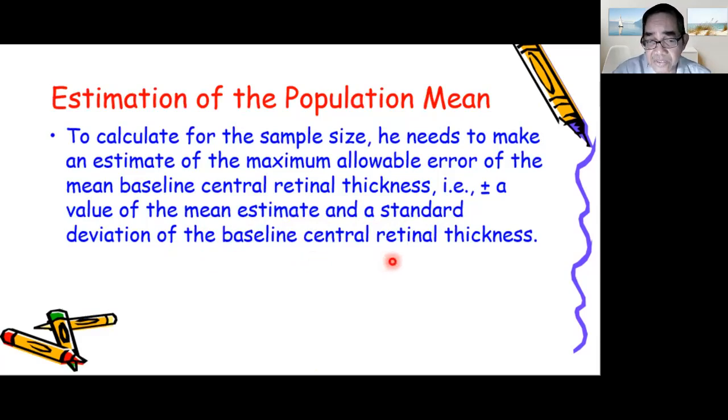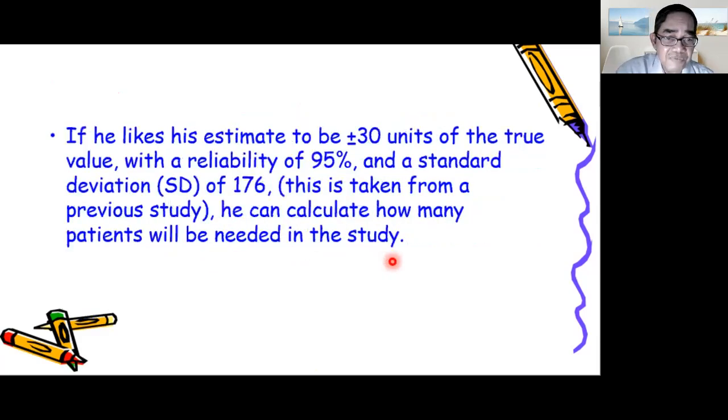The standard deviation is based on previous studies. If he likes his estimate to be plus or minus 30 units of the true value, so the maximum allowable error is plus or minus 30 units, with a reliability of 95%, and a standard deviation of 176 taken from a previous study, and normally we say who the author is and when that study was published, then we can calculate how many patients will be needed in the study.